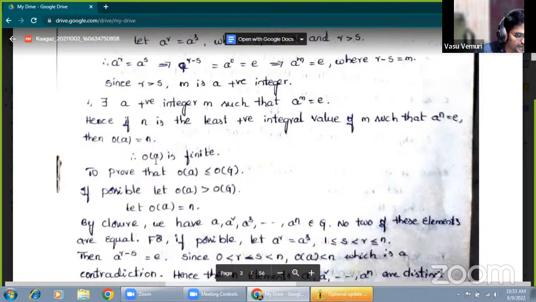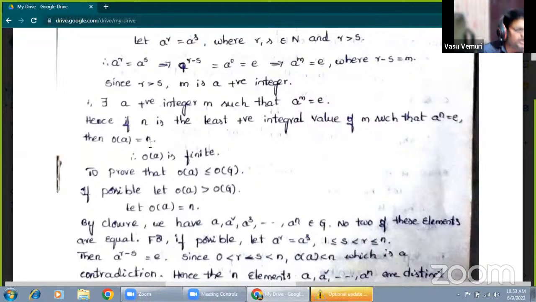You just have to mention here that when the group is finite, the order of the element is also finite. Given this theorem, we have derived: therefore, the order of an element of a finite group is finite.